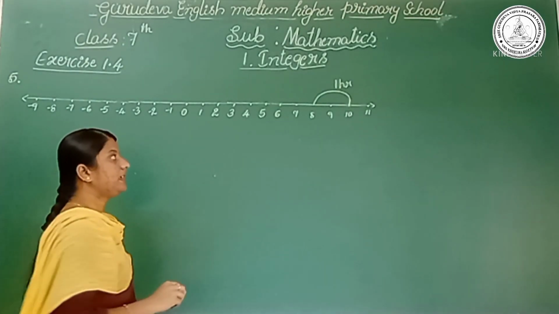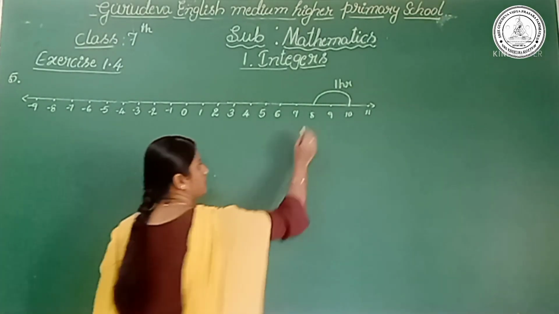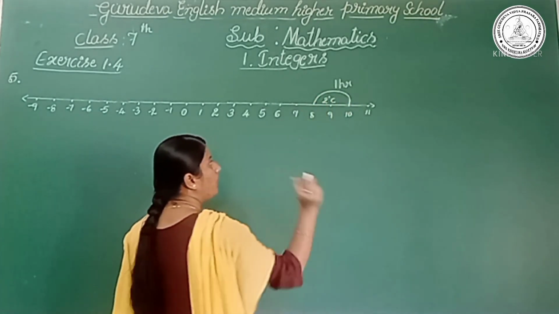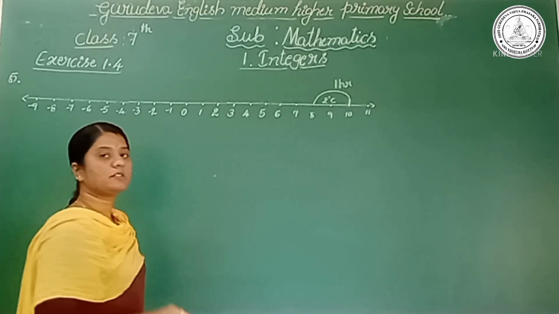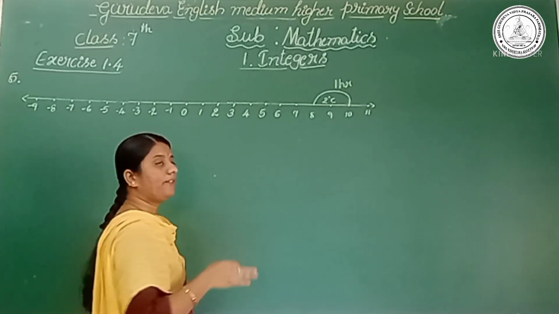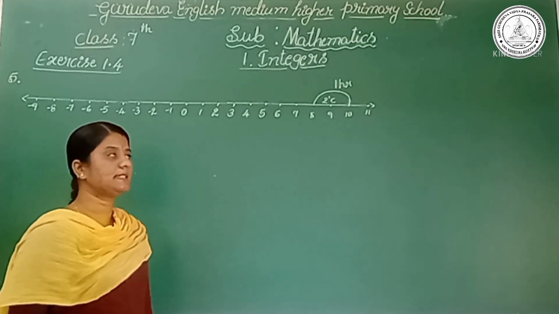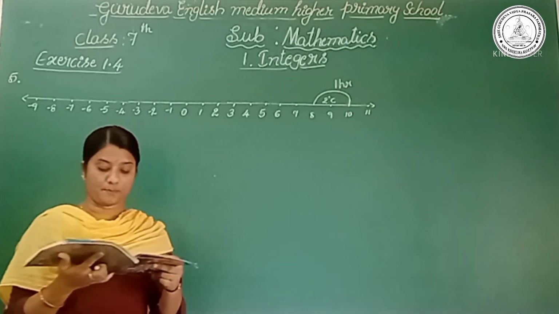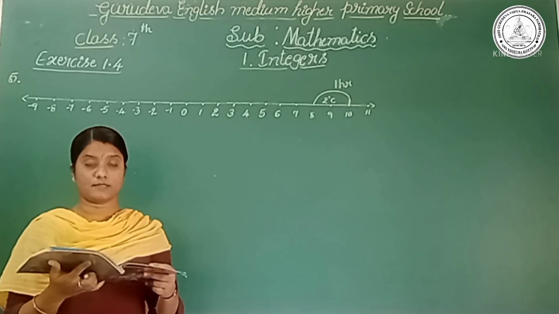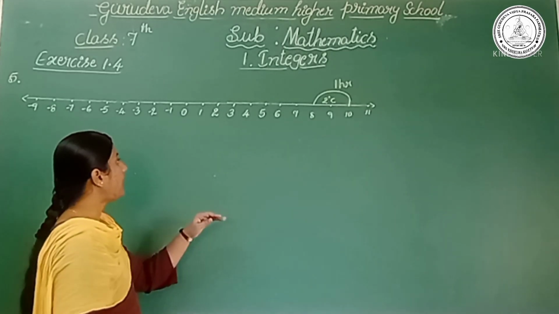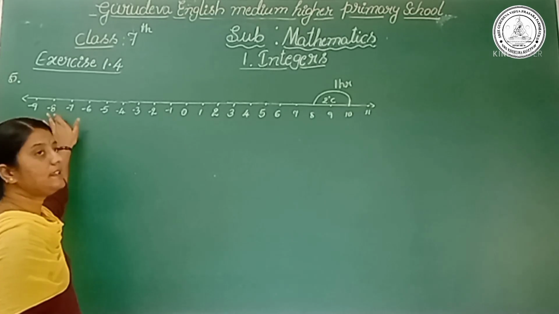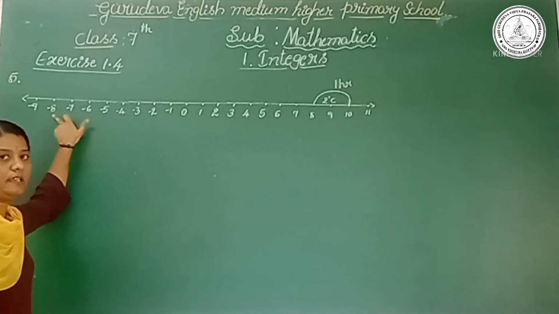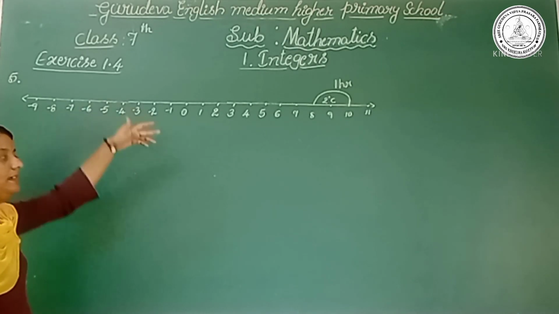For 1 hour it decreases 2 degrees Celsius, and for half an hour it decreases 1 degree Celsius. Right? What they are asking here is, at what time would the temperature be 8 degrees Celsius below 0? Below 0 means it is minus 8 degrees Celsius. At what time? Let's find out.